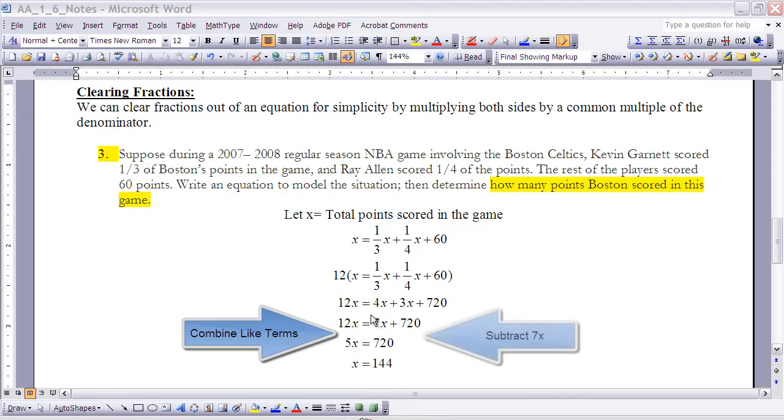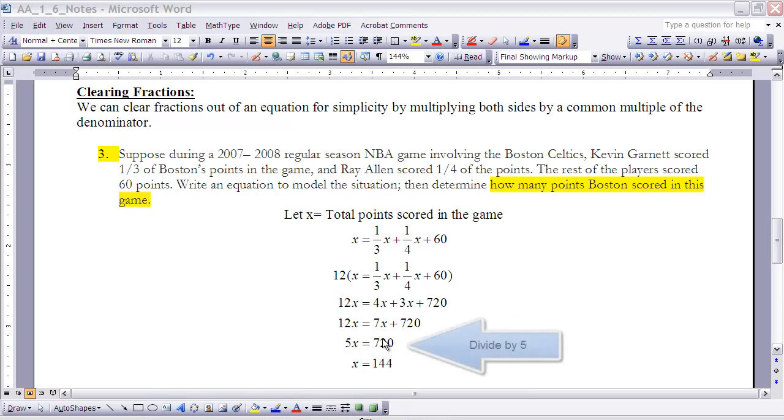So 4x and 3x is 7x. I'm going to get my x's together by subtracting 7x from both sides. That's where I'm getting the 5x equals 720. Now if I want to get x by itself, I need to divide both sides by 5, which is going to give me x is equal to 144. Therefore, in that game, they scored 144 points.